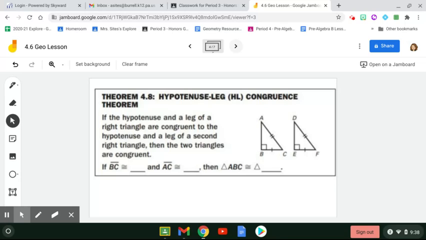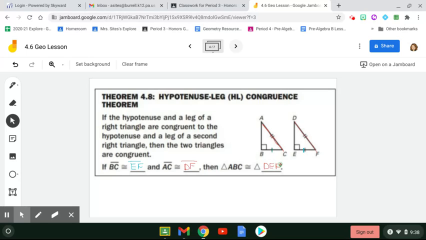So to fill in the theorem, we have if BC is congruent to EF and AC, so here's your hypotenuse, because it's the side that's across from the right angle, is congruent to DF, then triangle ABC is congruent to triangle DEF.